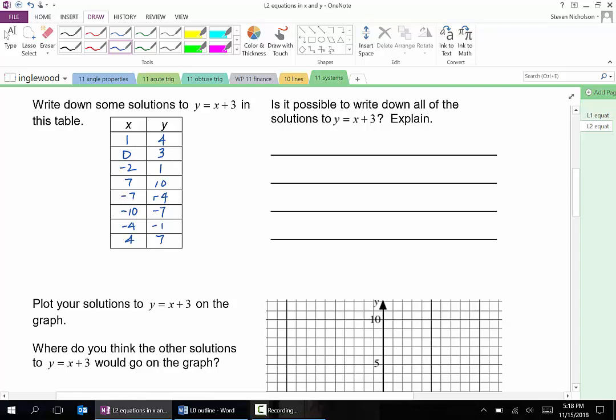But anyway, in looking at the 2, 4, 6, 8 solutions that I did, is it possible to write down all the solutions? And I hope you remember that it's impossible because there are an infinite amount of solutions.